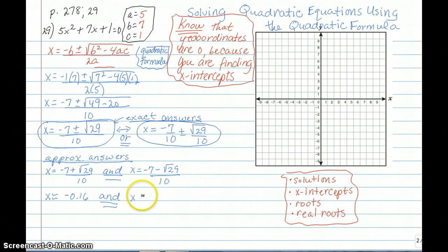Okay, and then this one, I kind of forced the calculator to do it. I know that 29, I'm going to take the square root of it, 5.385, etc. But I know this is minus, so it would be plus a negative. So I want to change that to a negative. I can either just use my toggle to make it a negative, or I can multiply by a negative 1, and then add negative 7 to it.